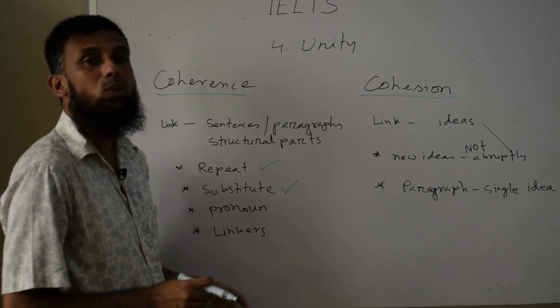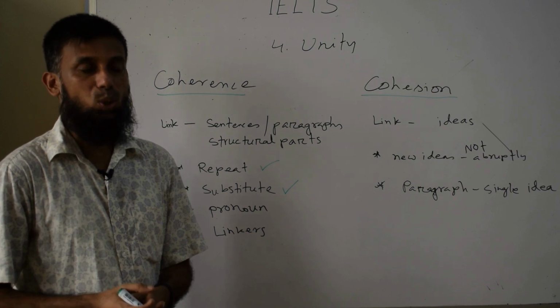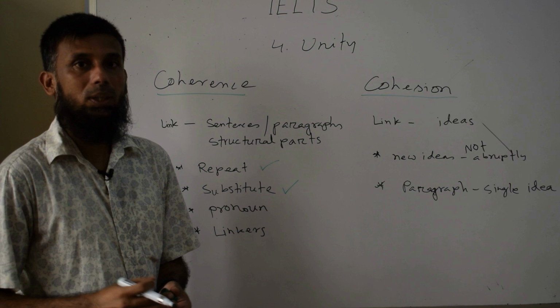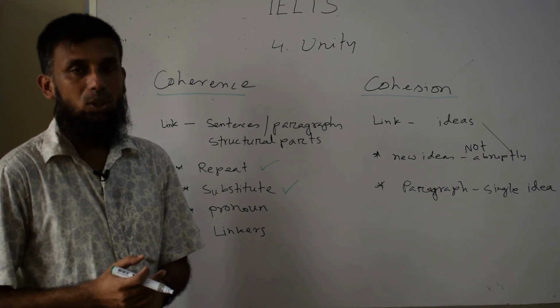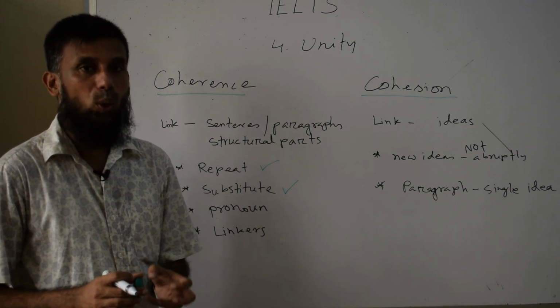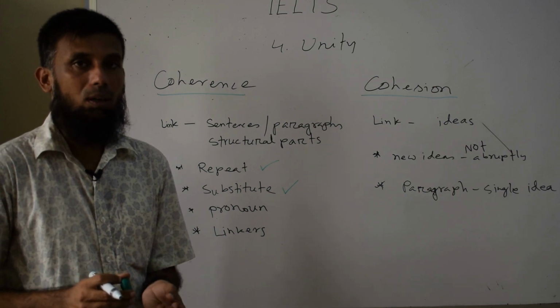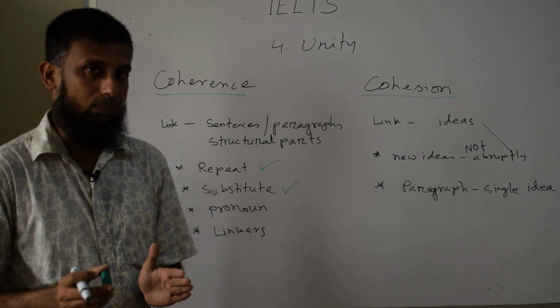But you can also use different types of linkers, like as a result, but, so, therefore, however, etc. So you can use different types of linkers or linking devices to show that the sentences or the paragraphs or some structural parts of your writing have some kind of link between or among them.